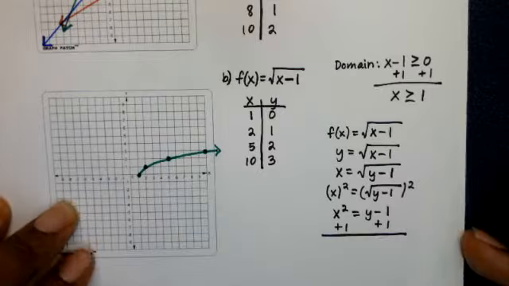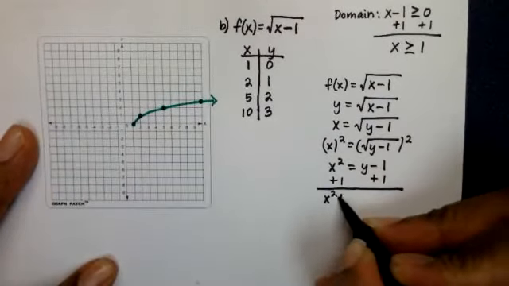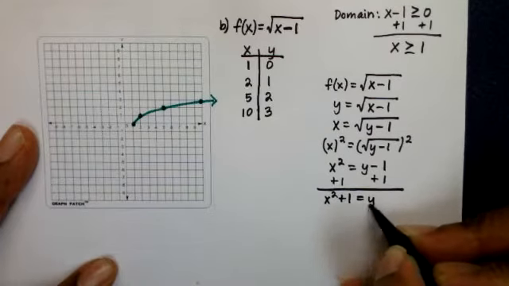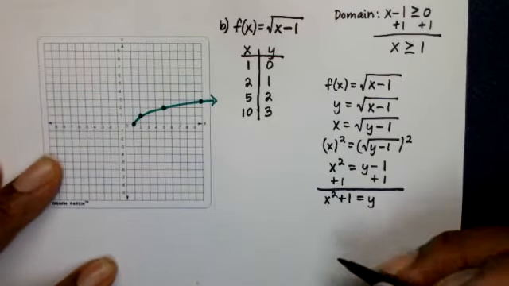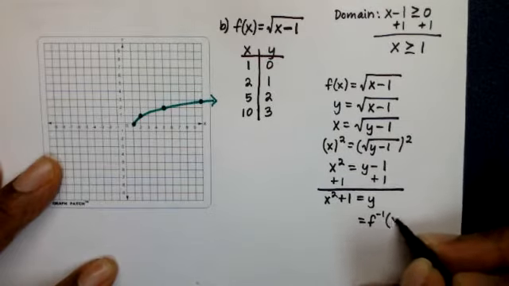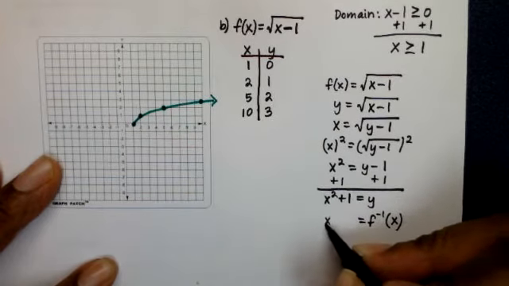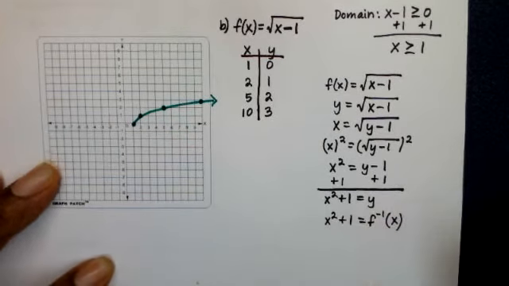That would mean I will have x squared plus 1 is equal to y. And then finally, we replace that y with f inverse of x, which will be equal to x squared plus 1.